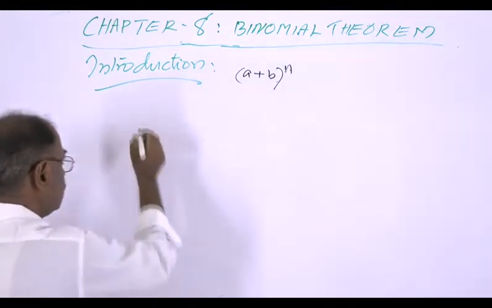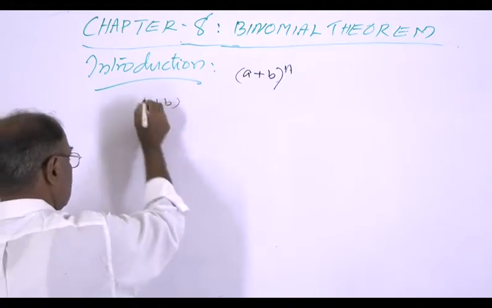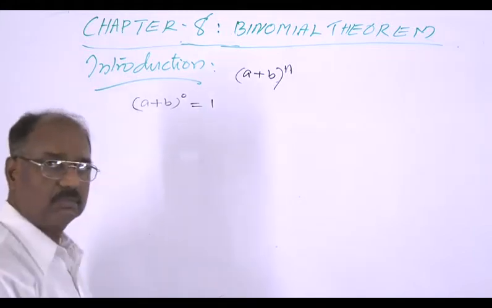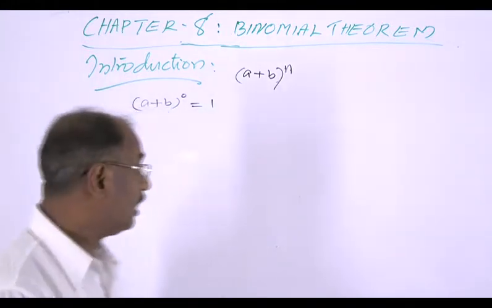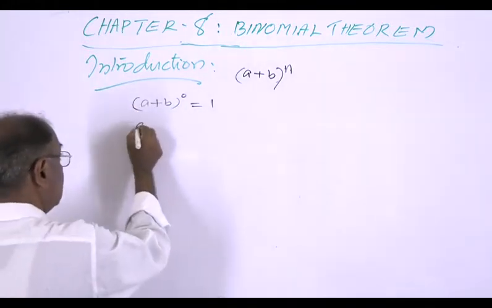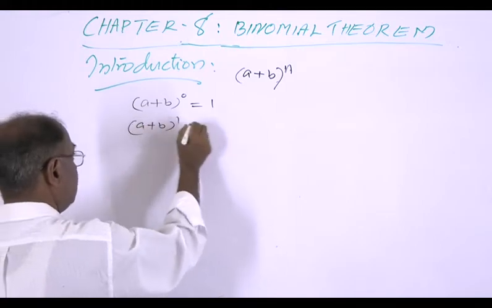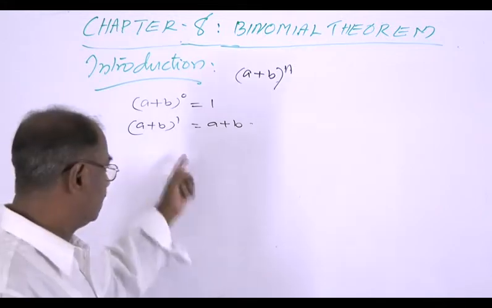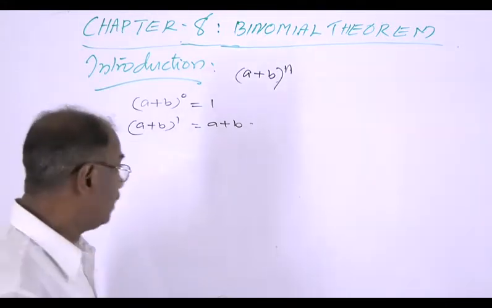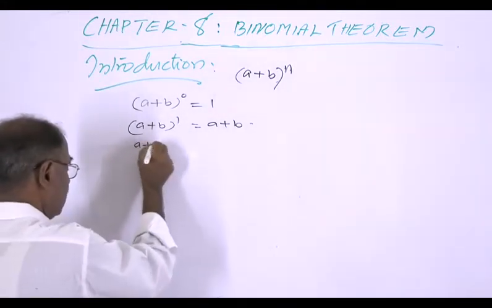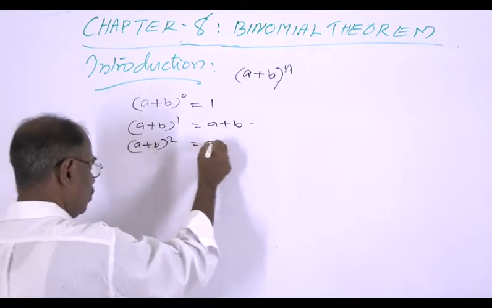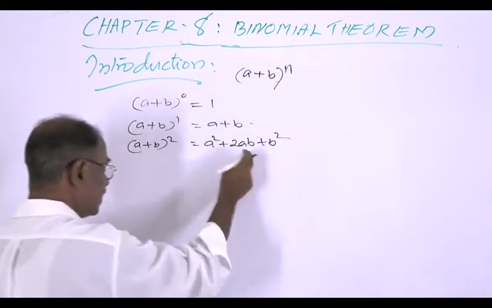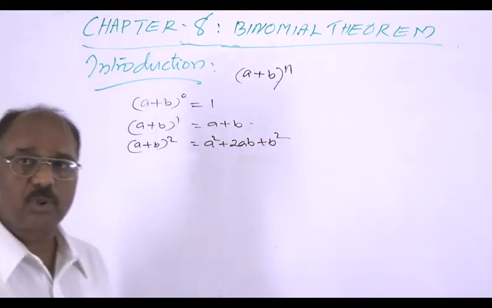So when n equal to 0, A plus B all raised to 0 is equal to 1. When n equal to 1, A plus B all raised to 1 is equal to A plus B. When n equal to 2, A plus B all squared is equal to A squared plus 2AB plus B squared.